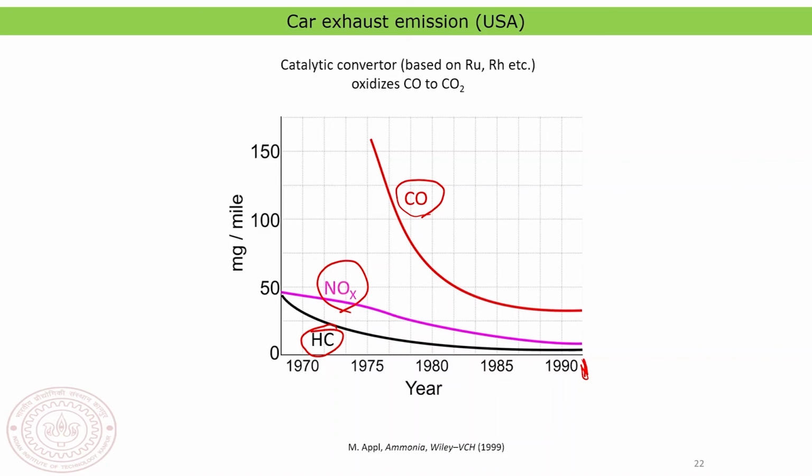What it shows is that using this kind of catalytic converters, particularly by using ruthenium, rhodium, one can oxidize carbon monoxide to carbon dioxide, and that way, using a catalytic process, you can in fact remove the greenhouse gases from the exhaust of an automobile.